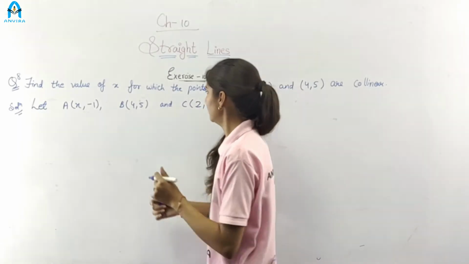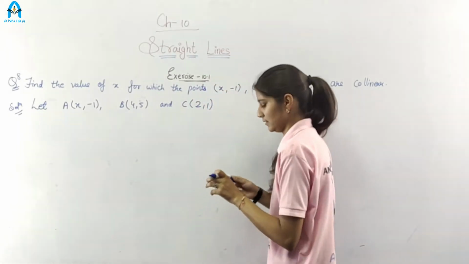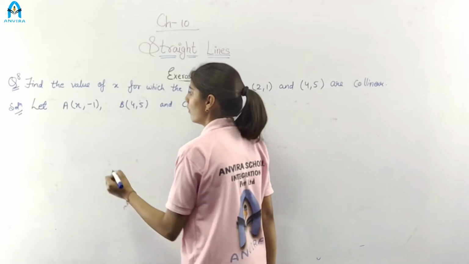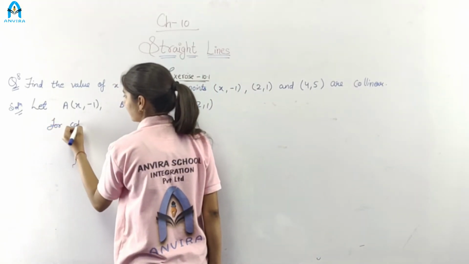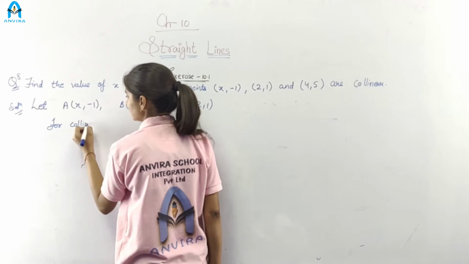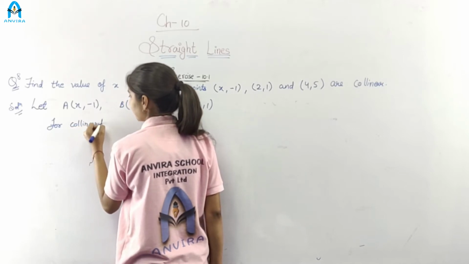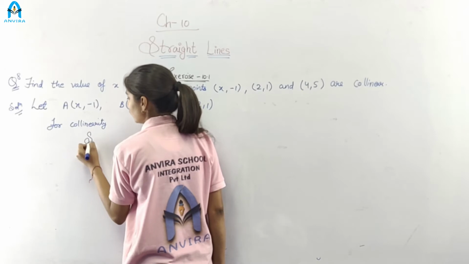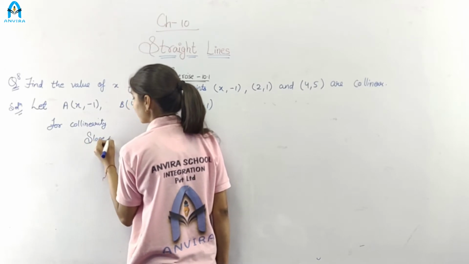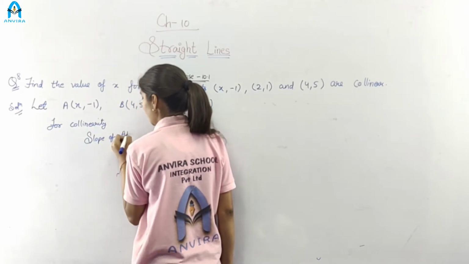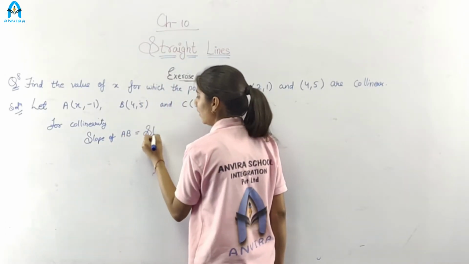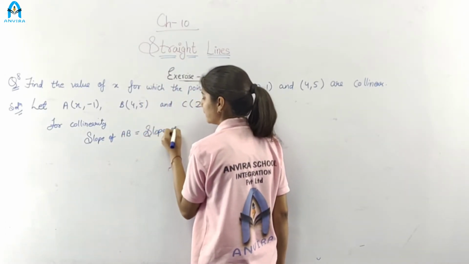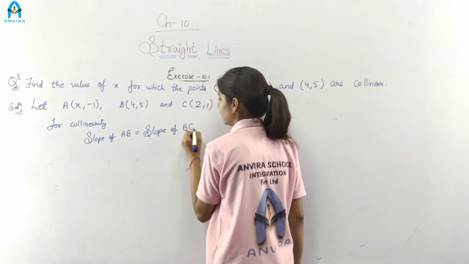For the condition of collinearity, the slope of AB should be equal to the slope of BC.